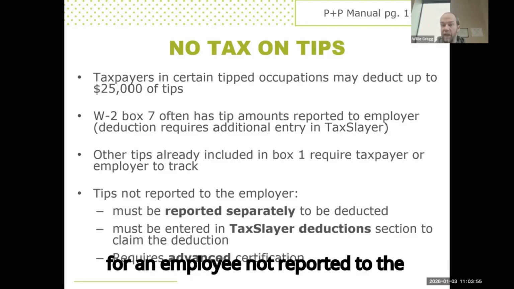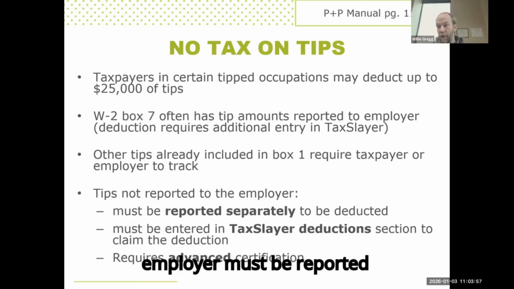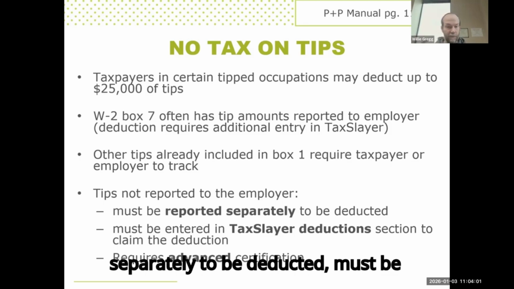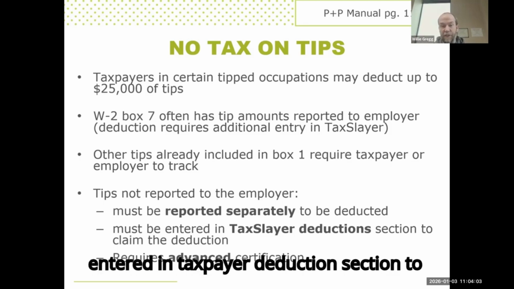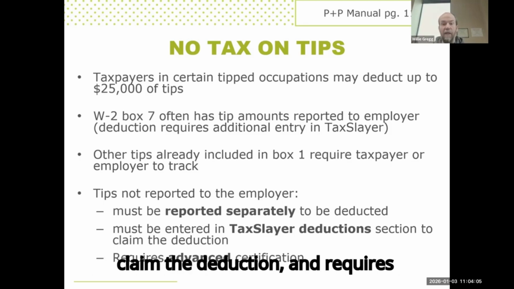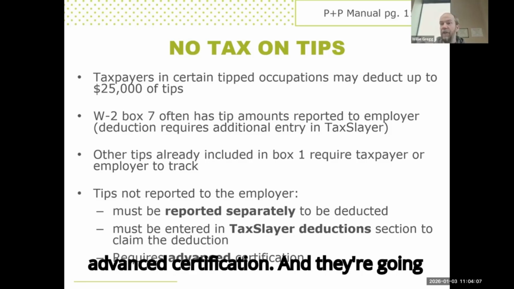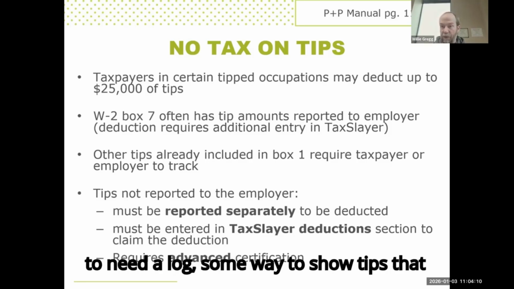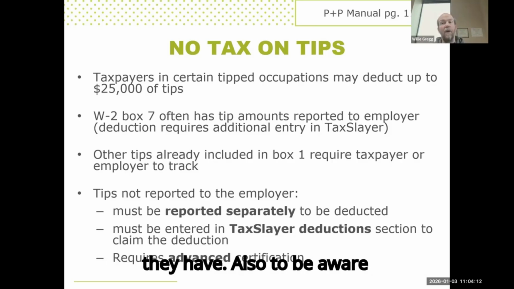Tips for an employee not reported to the employer must be reported separately to be deducted, must be entered in the taxpayer deduction section to claim the deduction, and requires advanced certification. And they're going to need a log, some way to show tips that they have.